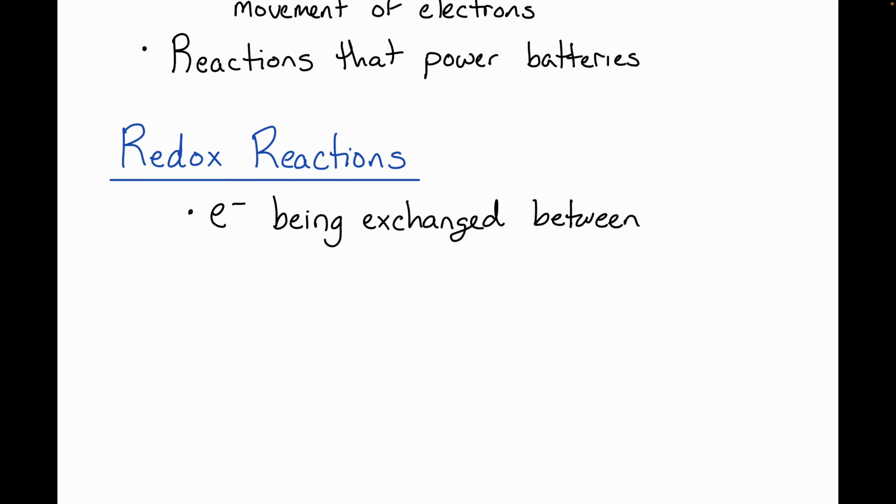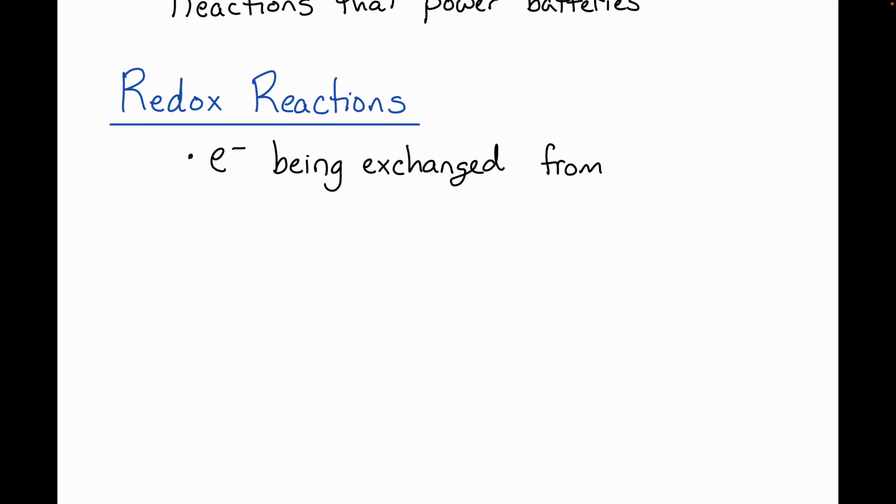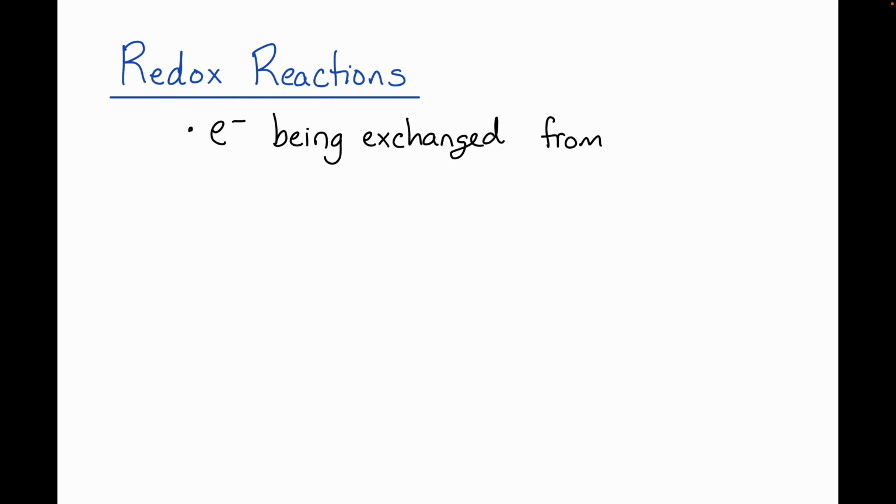Let's say from one element to another. They're going to have a different character on the periodic table, and that's what's going to cause the electrons to want to move from one to the other.